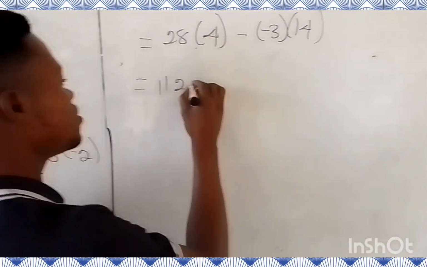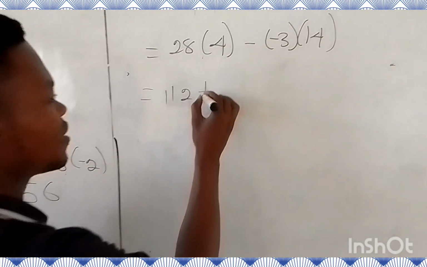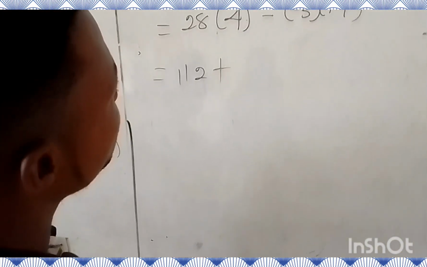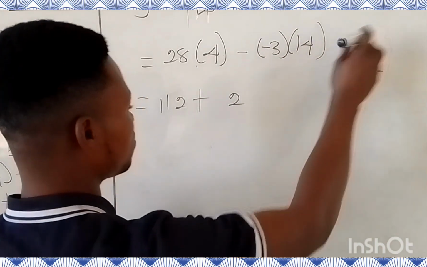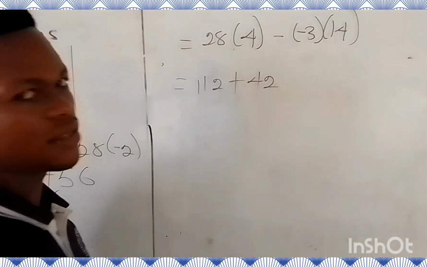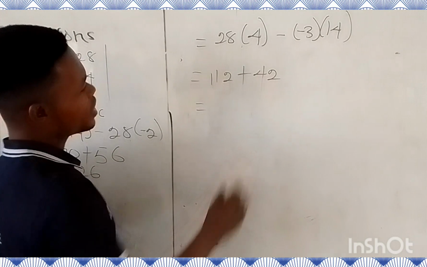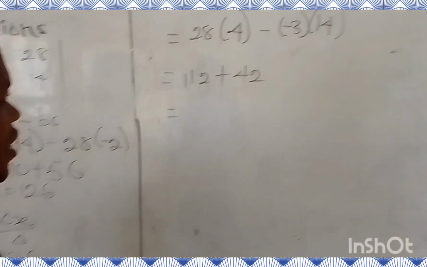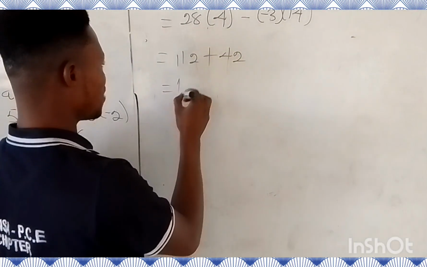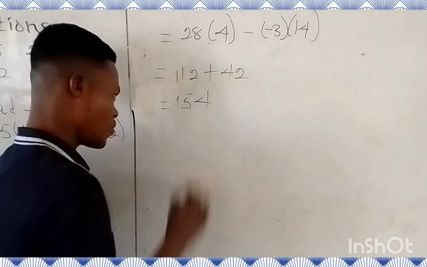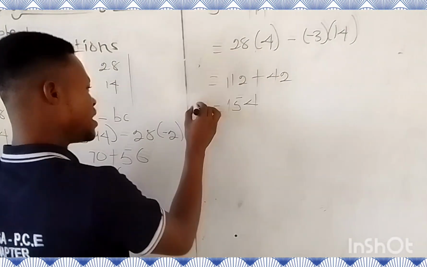Negative times negative gives a positive answer. 3 times 14 gives 42. So we have 112 plus 42, which gives 154. So that's the determinant of y.